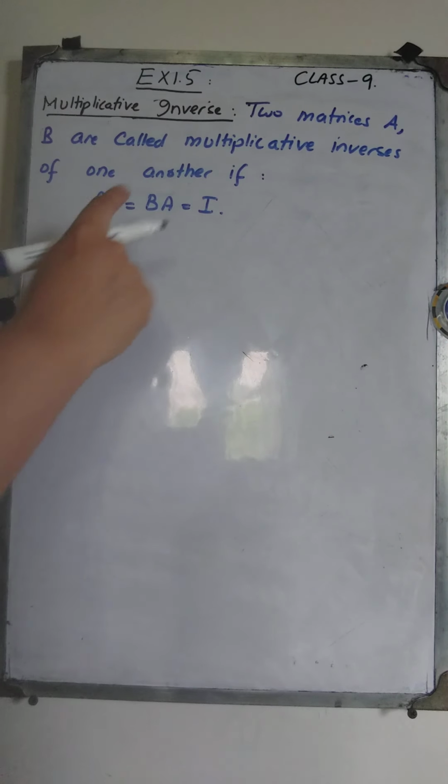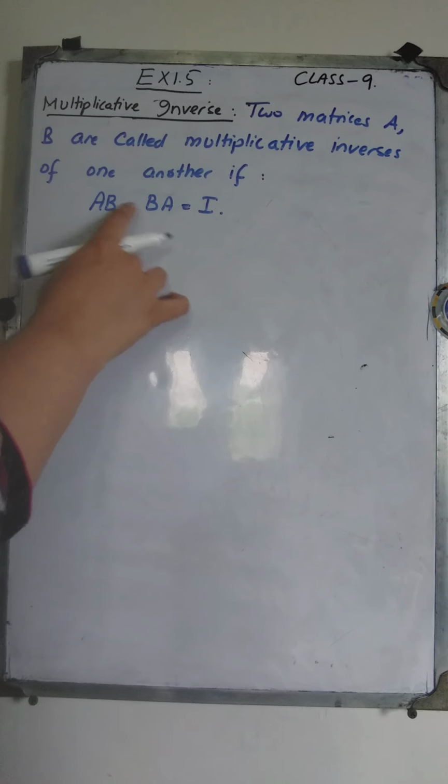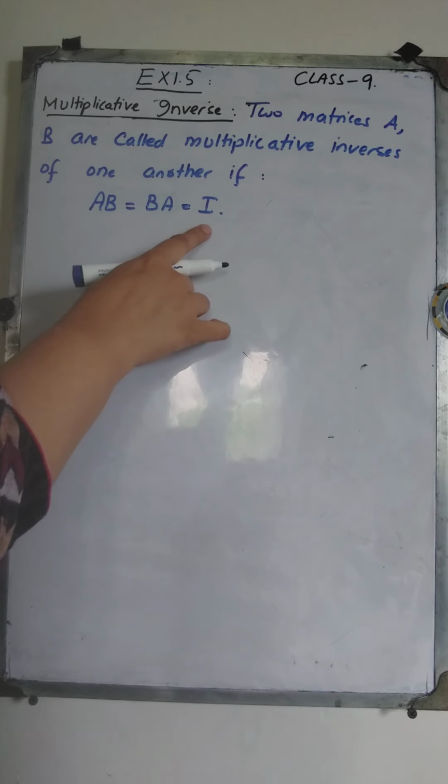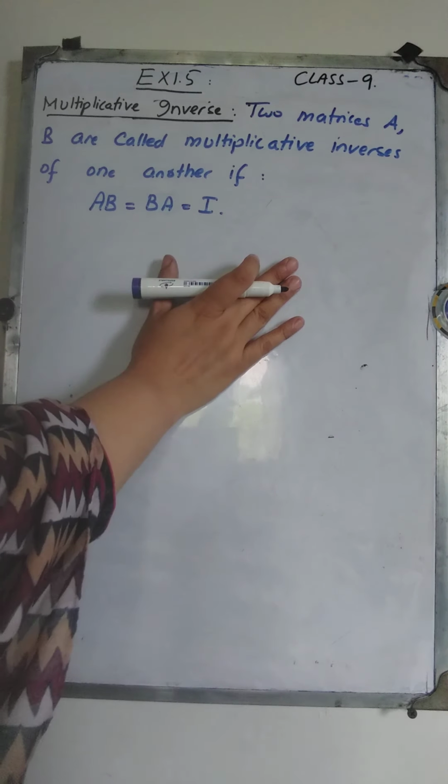So two matrices are called multiplicative inverses of one another if their product by taking A first and their product by taking B first are both equal to the identity matrix. Okay, then we say that A and B are multiplicative inverses of each other.